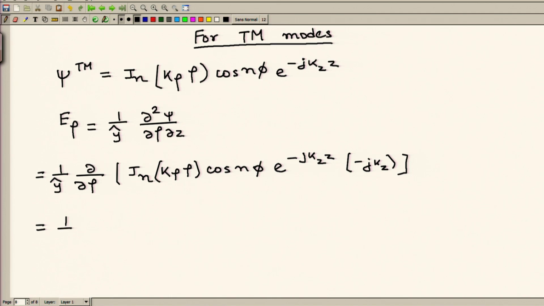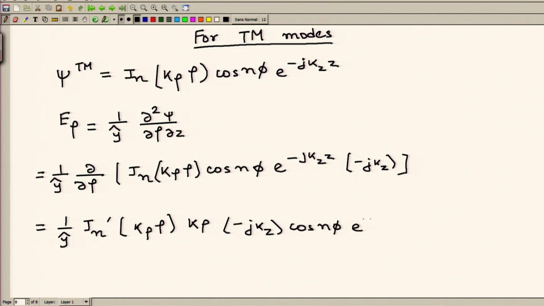So, this will give us 1 upon y cap. Now, with respect to rho, it will be Jn prime k rho, minus j k z, cos n phi e to the power minus j k z z.